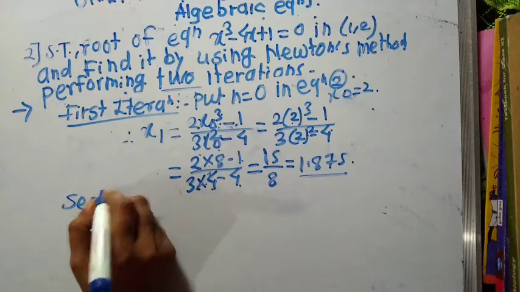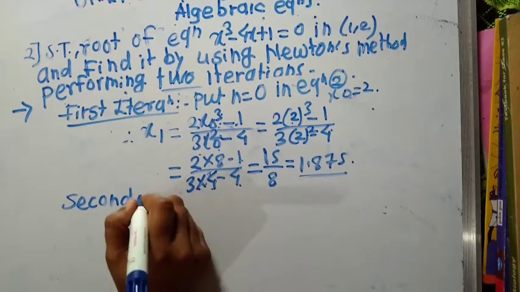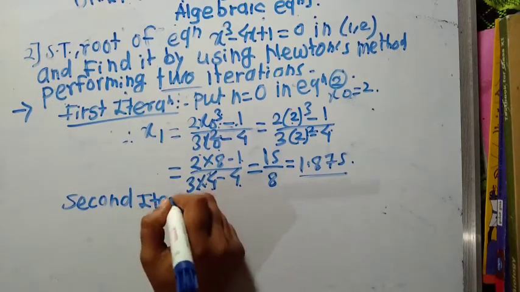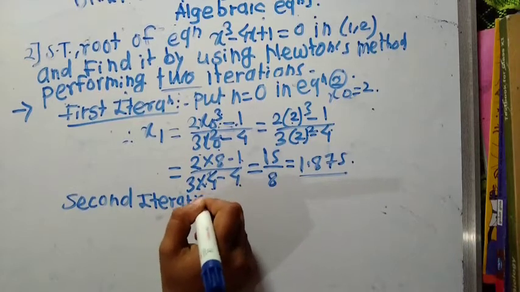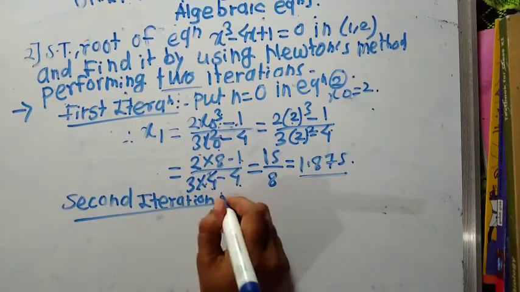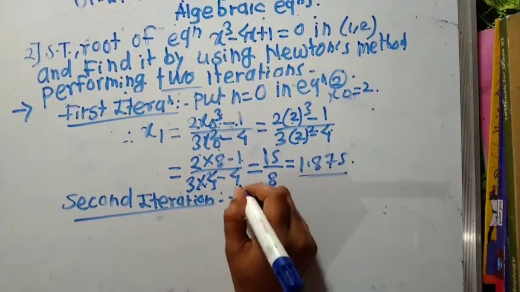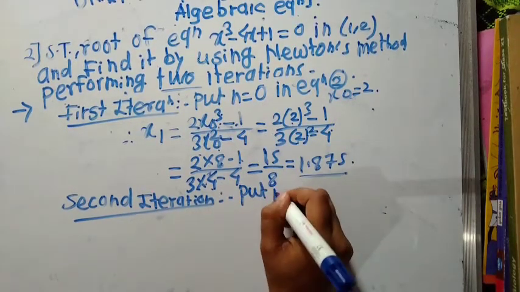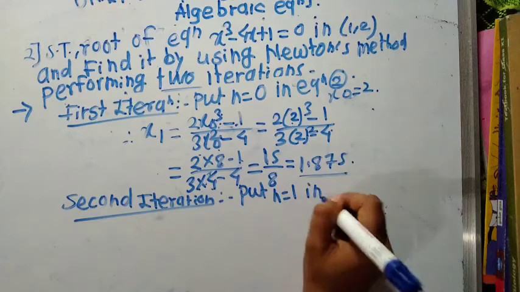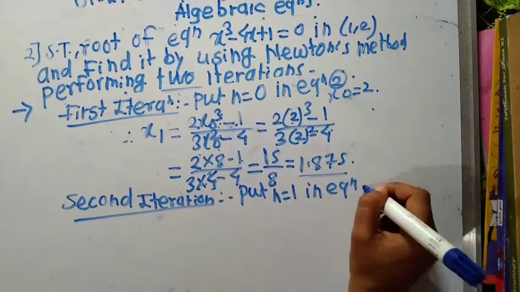Then find out the second iteration. In the second iteration, put n is equal to 1 in equation second.